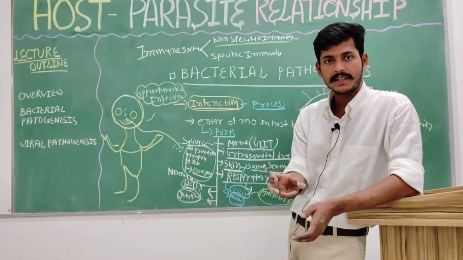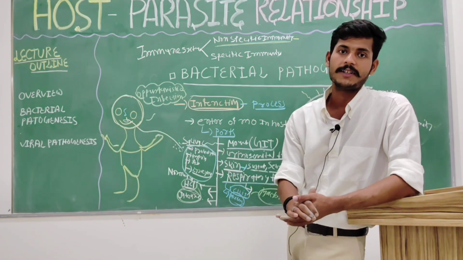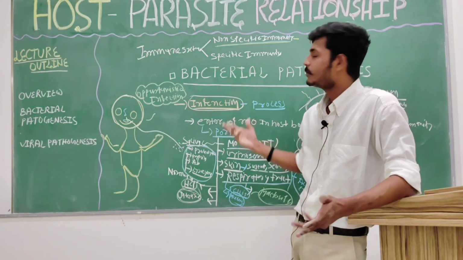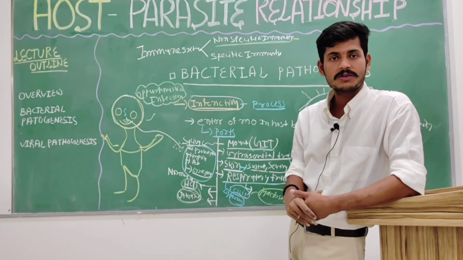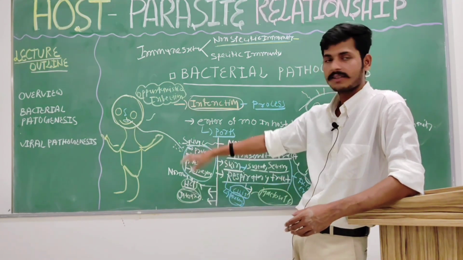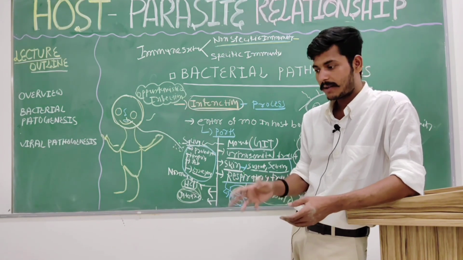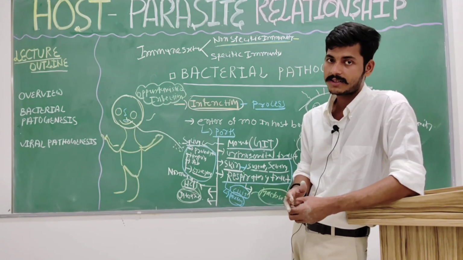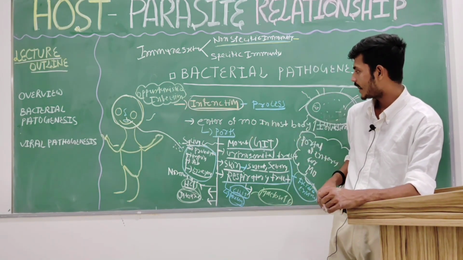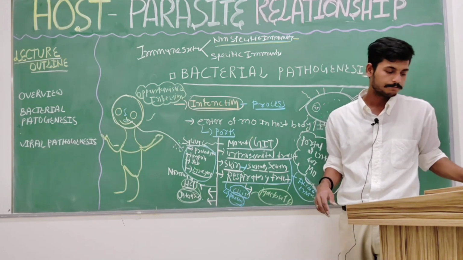Thereby they produce different kinds of antigens, and we refer to this process as antigen switching, and our immune system becomes confused. It won't recognize that this bacterium coming into our body is our enemy. So that's the first step of infection, the entering of the microorganism in the host body.